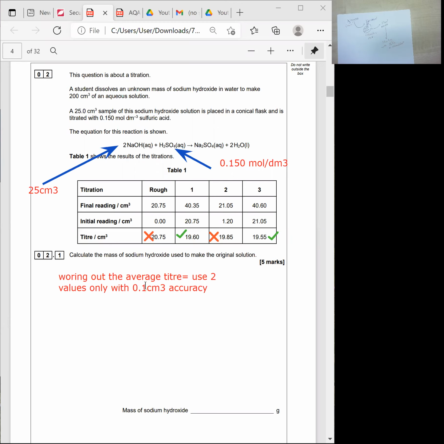They're within the 0.1. It's actually 0.05, so it's even better. For that one, I would work out the average by doing 19.60 plus 19.55, and then dividing by 2. But I'm going to do the main calculation back on my piece of paper. It's a lot easier, but hopefully you can see that.